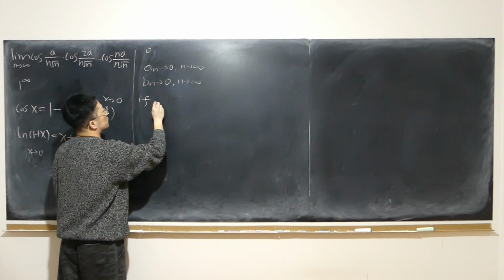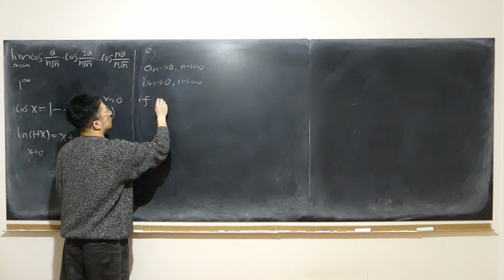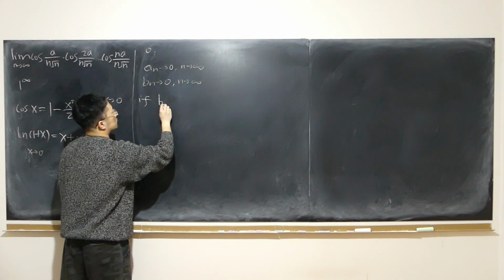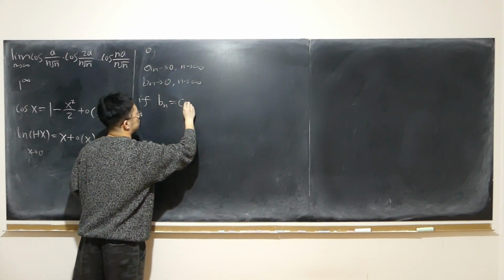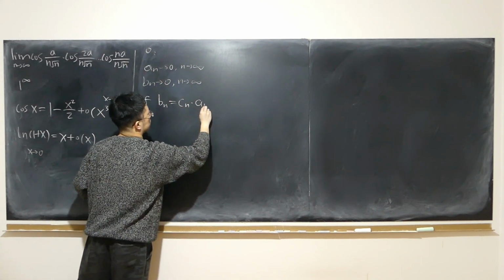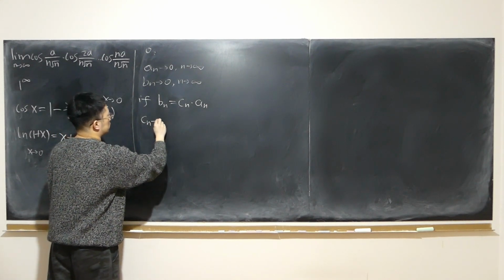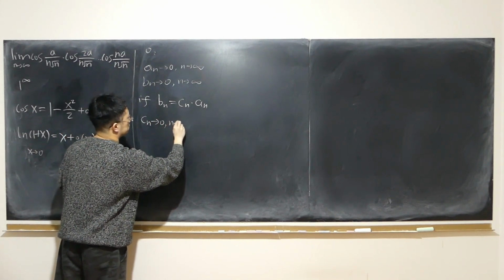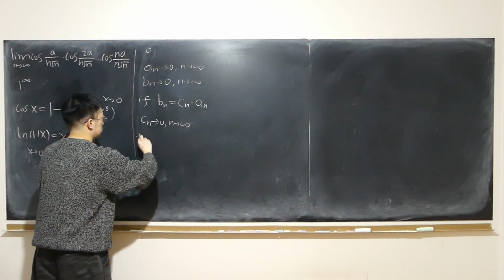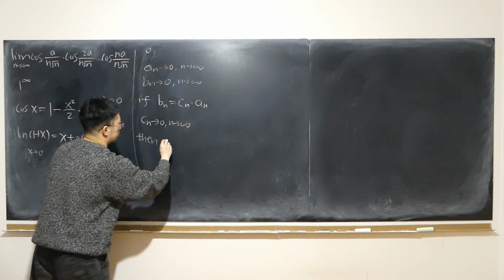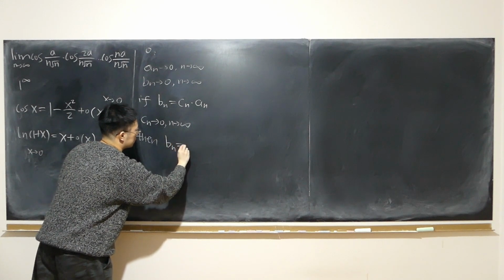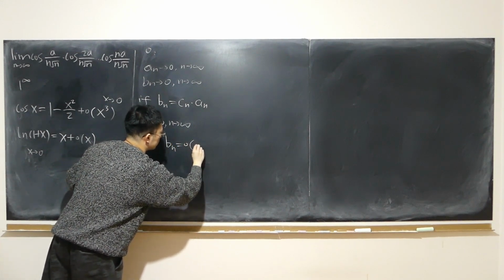If bn can be written as cn times an, where cn is approaching 0, then we say that bn is little o of an.